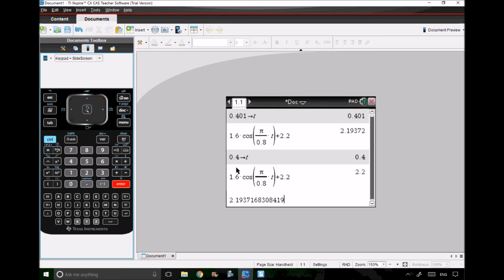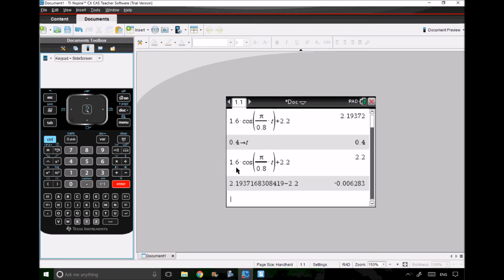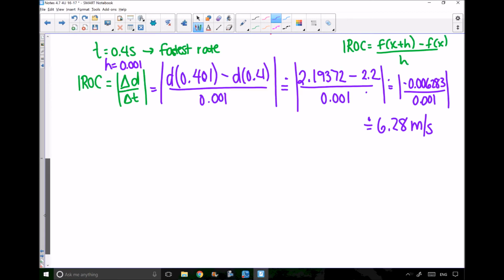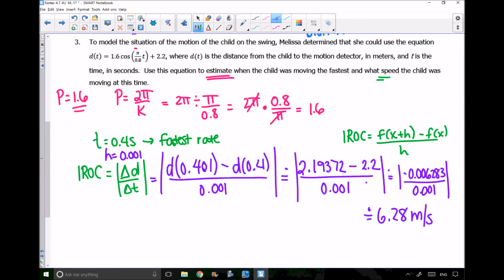So I'm going to take 2.1937 minus 2.2, and I get negative 0.006283 all over 0.001. So I get approximately 6.28 meters per second.